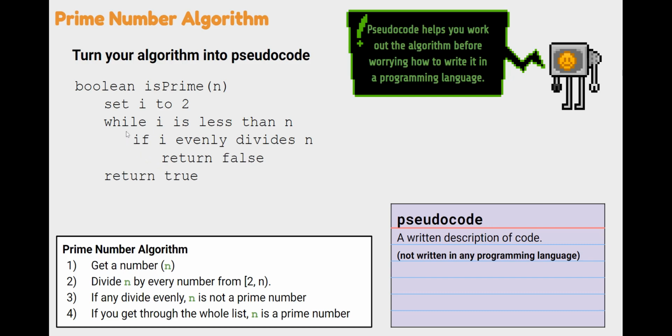If we get through the whole list, so after the while loop, we checked every single divisor, then if we're still hanging around, that means we never returned false. That must mean that what we have is a prime number. Now that we have this pseudocode, we should be able to easily take this pseudocode to the computer and then write this method.